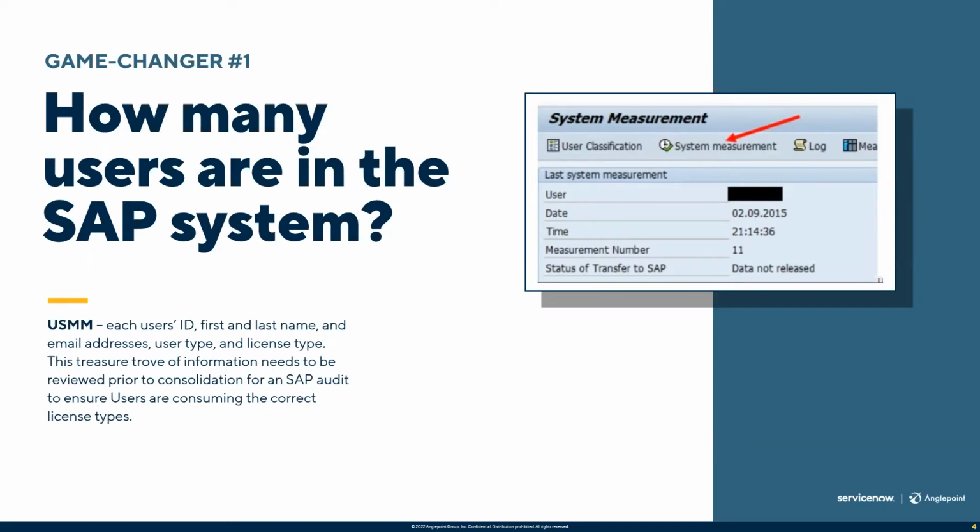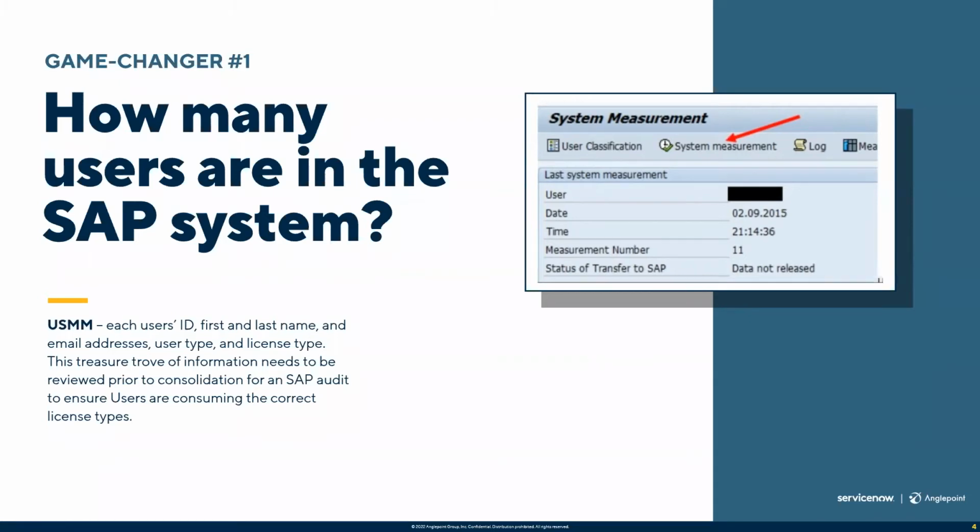Now, when you compile an audit report for SAP, you dump it into the LAW. The LAW is a consolidation tool where it takes the USMM data and dumps it into a funnel, if you will, and then it spits out a consolidated report where it tells you how many unique users you have and the licenses they're consuming.